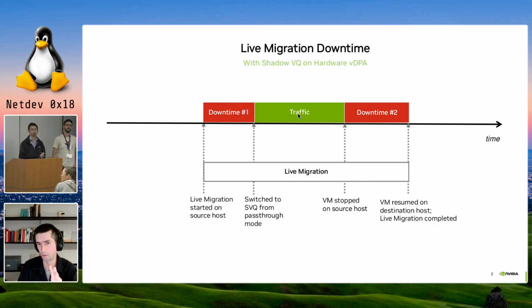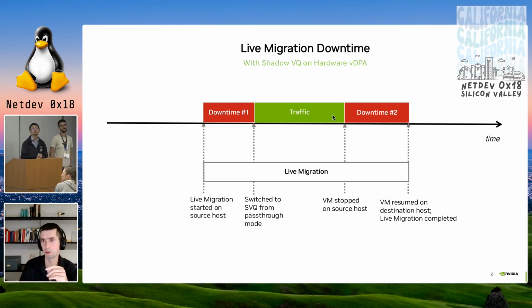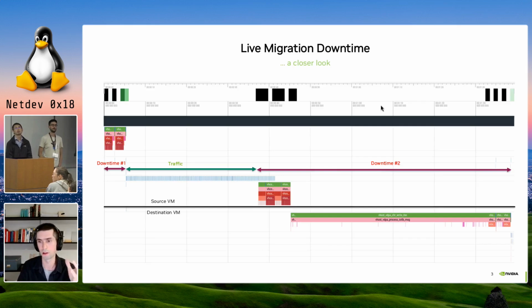Then you have the live part of live migration. And finally, on the source side, we stop the devices, and then we do the rest of the migration, let's say, during downtime 2, which is not really migration, it's configuring the device on the destination side. And as we will see, there's a lot of configuration happening.